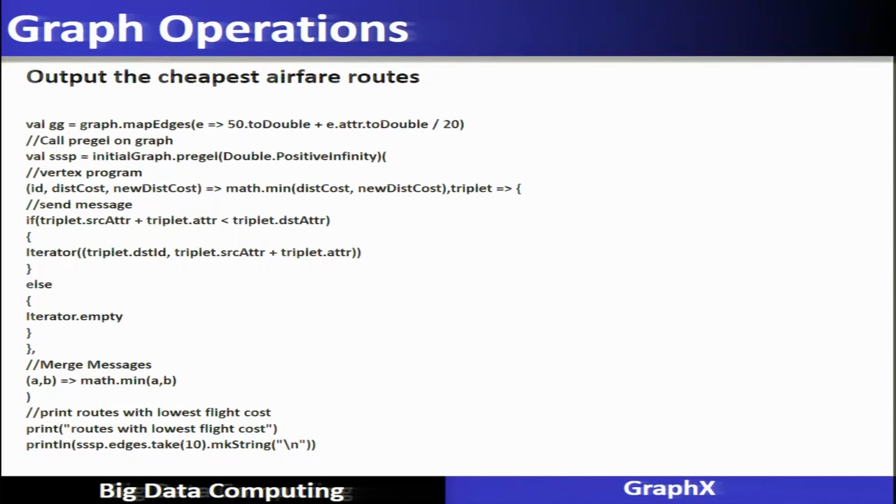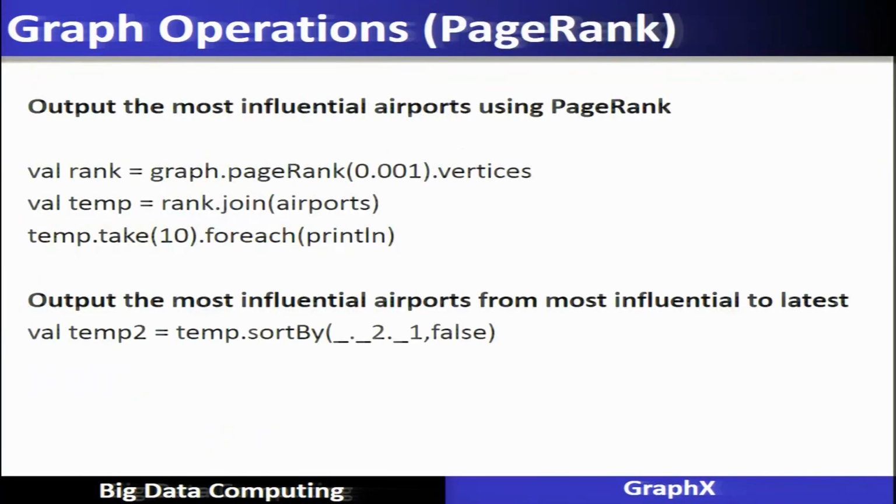If you want to find the cheapest airline route, this is the code, and using this code we can obtain it. Now we can find the most influential airport using PageRank.